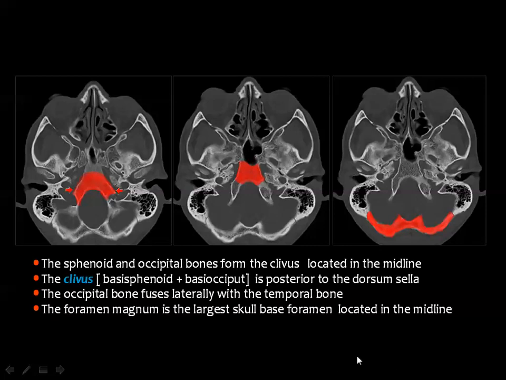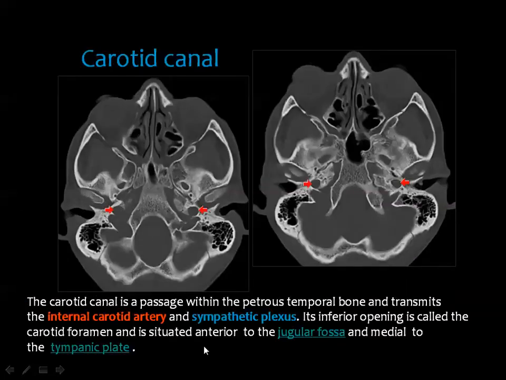And here we have one of the largest foramina in the skull base, which is the foramen magnum. Some other foramina include the carotid canal, and you see this carotid canal transmits the internal carotid artery as well as the sympathetic plexus.